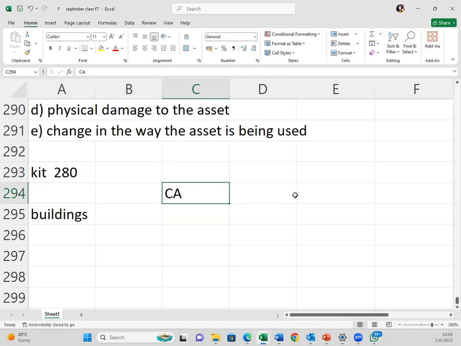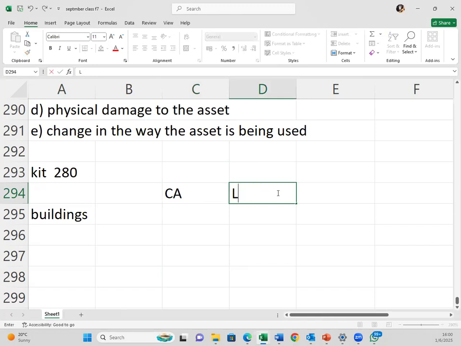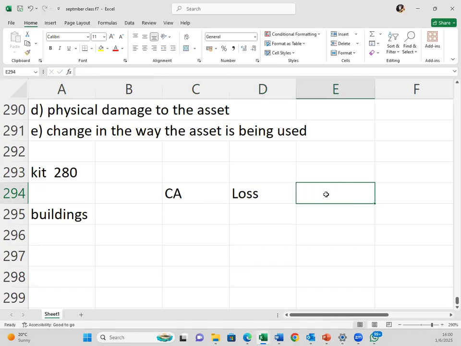So we can put the carrying amount, then the share of the impairment loss here, then the recoverable amount here.